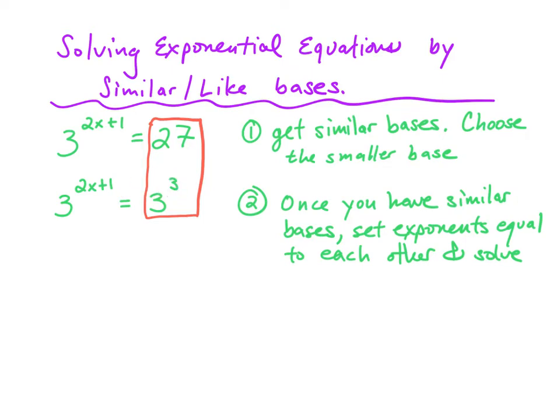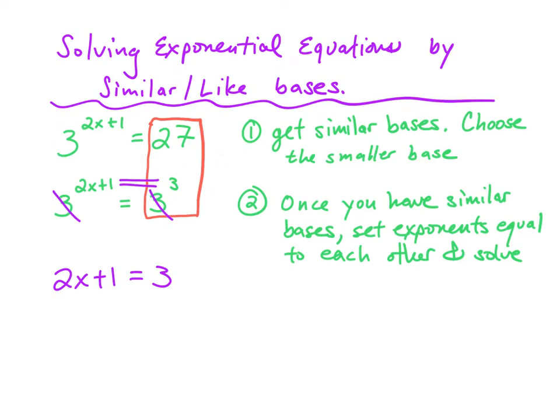It's almost like we get to get rid of these bases and set the exponents equal to each other, leaving us with this new equation, 2x plus 1 equals 3, and this is so much easier to solve. This looks a lot easier than staring at this problem for 25 minutes asking what the heck is going on.